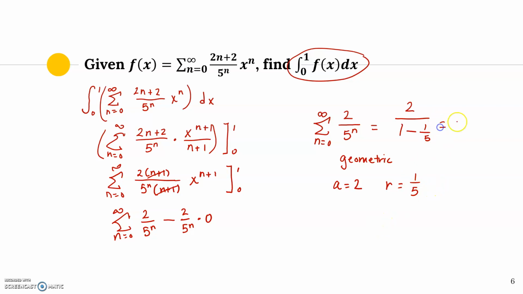Or in other words, it'd be 2 times 5 over 4. And so that would be 20 over 4, it'd be 10. No, it'd be 10 over 4 or 5 over 2.